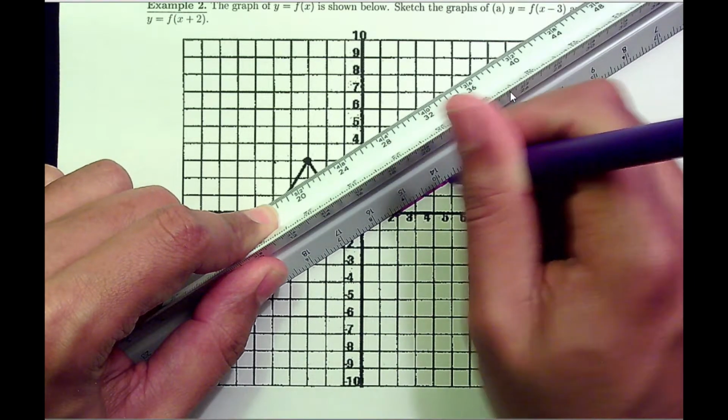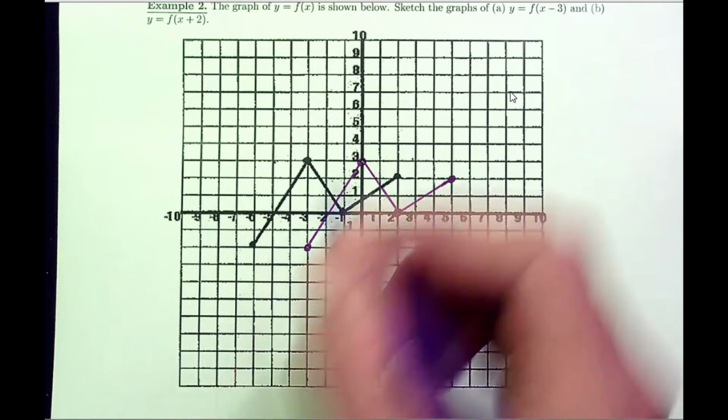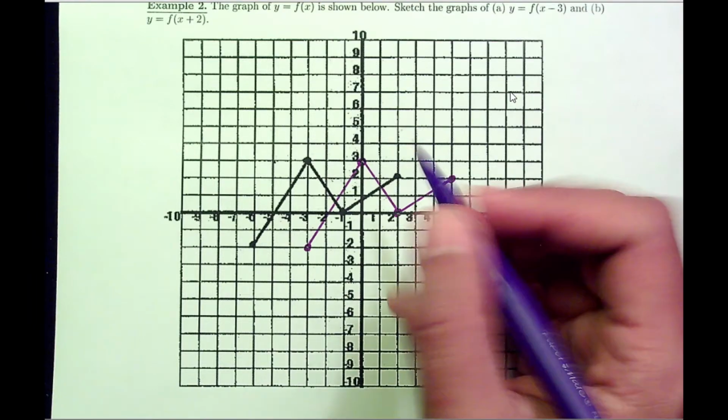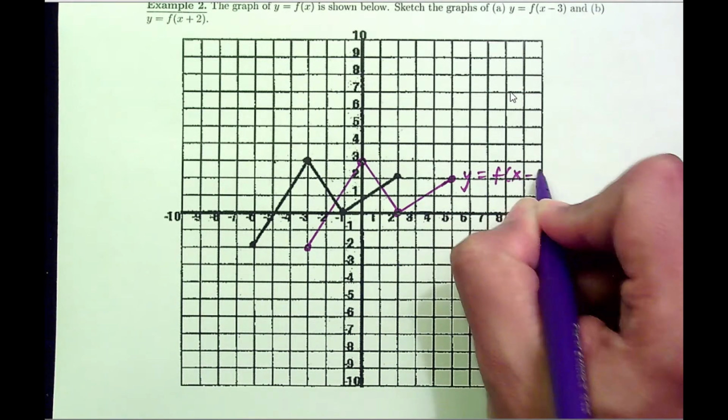Okay, that is the graph of f of x shifted 3 to the right. So y equals f of x minus 3.